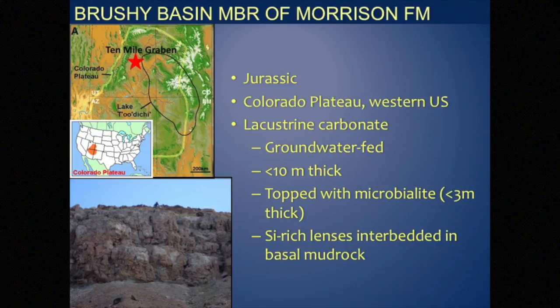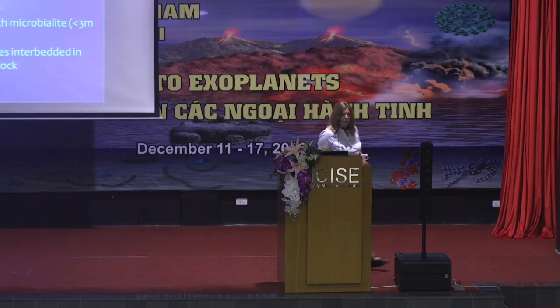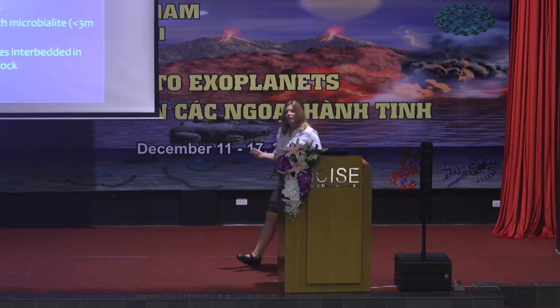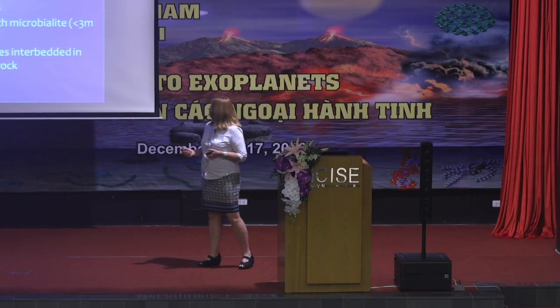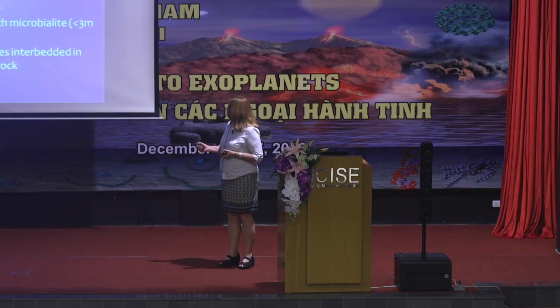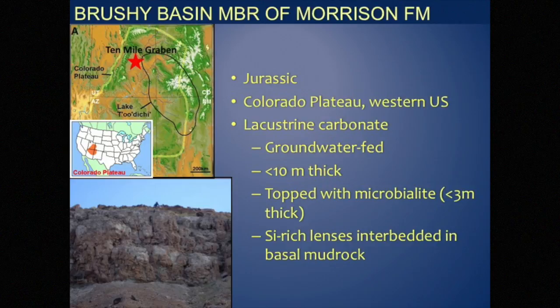My study area is a little bit off of that interpreted lake, and this is an interesting site because it's a big, thick carbonate. The Brushy Basin doesn't have carbonates in any big amount except for here, where there is about 10 meters of carbonate.